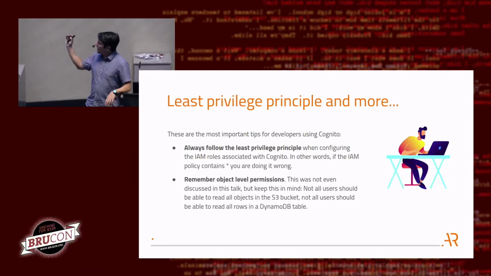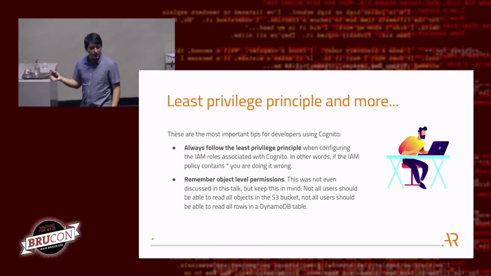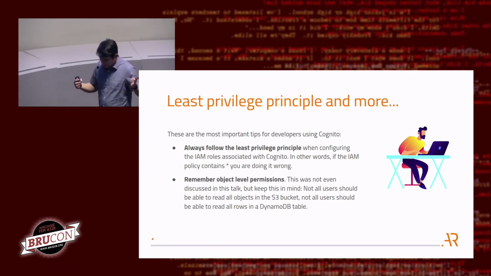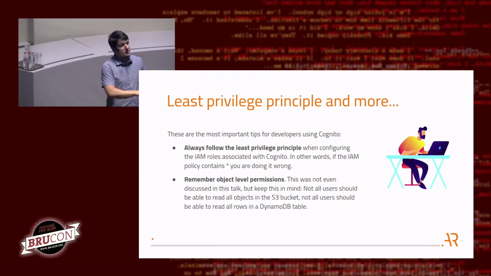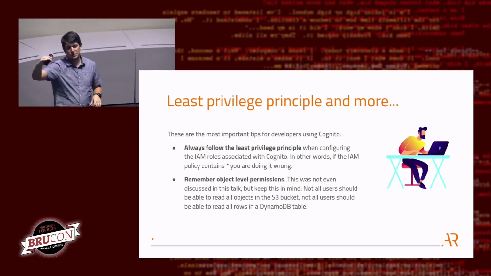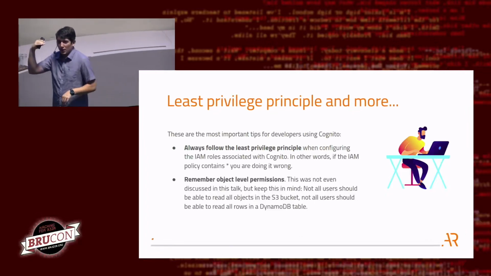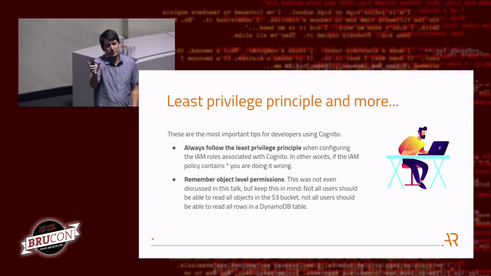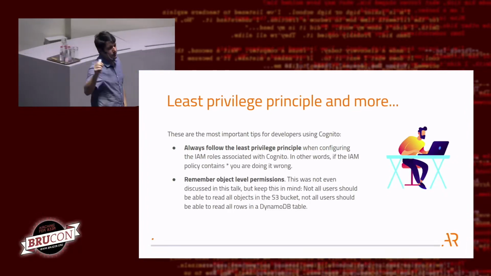I never mentioned anything about object-level permissions. Once again, if we go back to our sample application, there are images and there are titles for those images. The only user that should be allowed to change the title for one of those images is the user that uploaded the image.